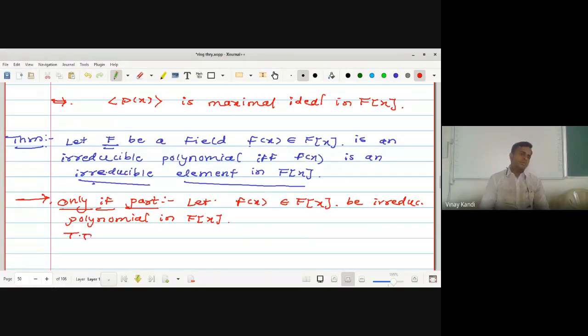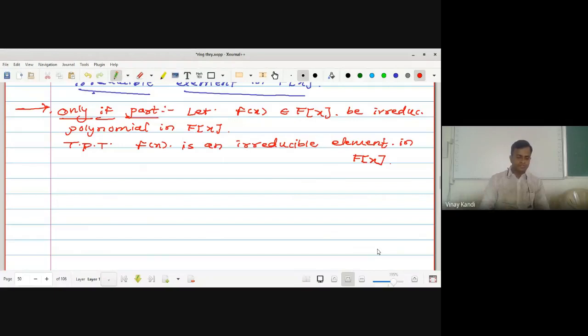We have to prove that small f of x polynomial, okay, is an irreducible element in capital F of x. Okay.